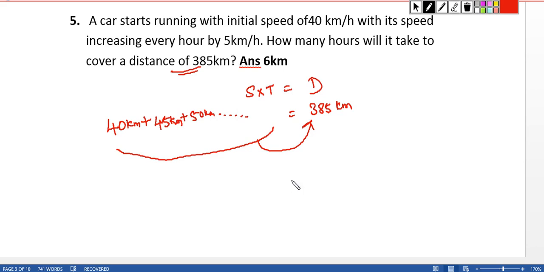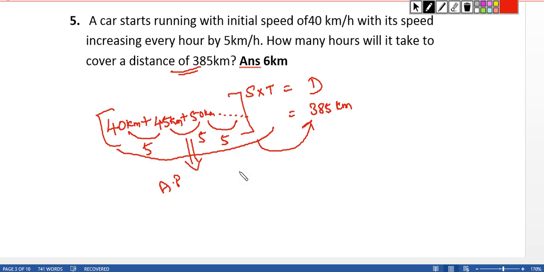So if you note, this is nothing but an arithmetic progression. The difference between them is 5, and the difference between this and the next one is also going to be 5. So it is progressing arithmetically.